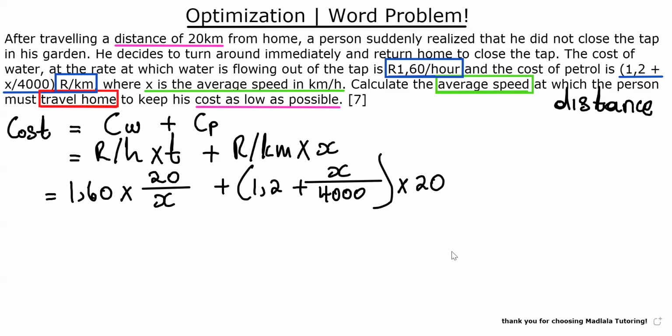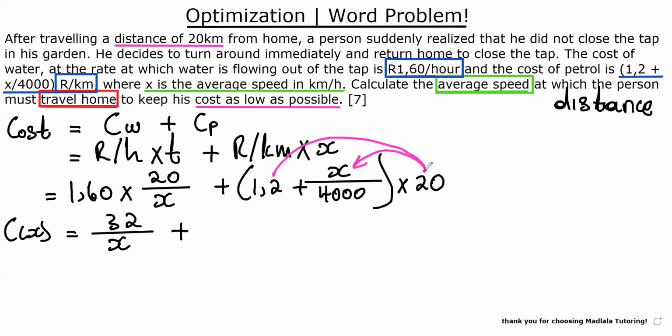Okay, fine. So now we can see clearly we have our cost as a function of x. And now what we need to do is just to simplify this function and then minimize it. So if you say 1.6 times 20, you're simply going to get 32 divided by x, right? Okay, that's fine. And then we say plus. So here we are going to distribute the 20.